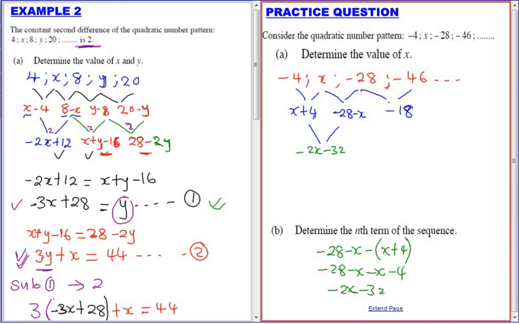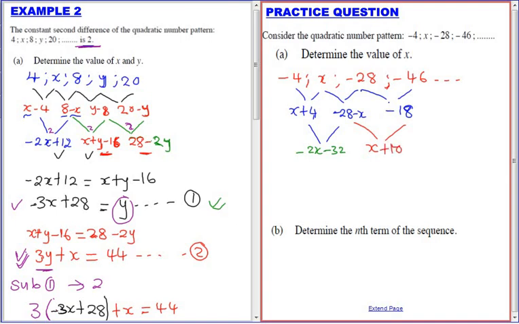Like I said, if you see it easily, it's fine with me. If you don't think you are seeing what I'm asking you to, then make sure you do it the way I'm asking you. If I do it the faster way, I'll say 0 minus x, that will be positive x, and then minus 18 plus 28, I'll get 10.